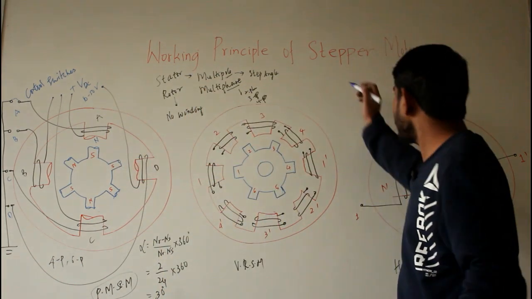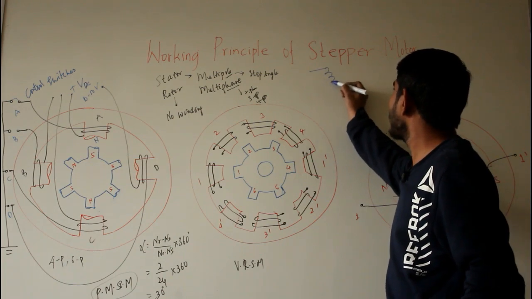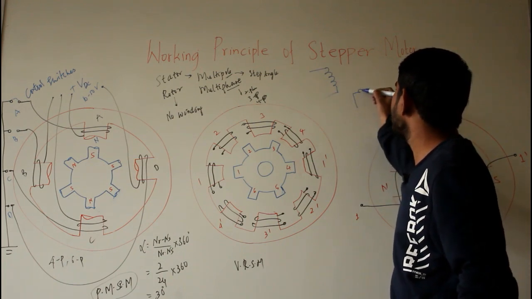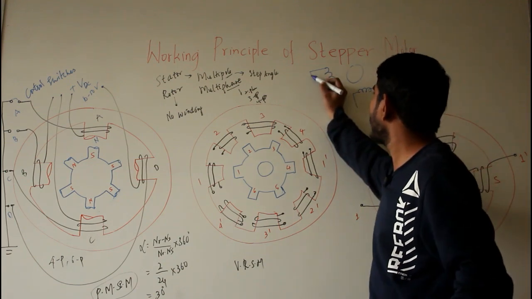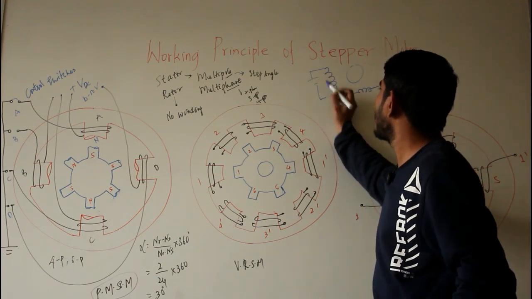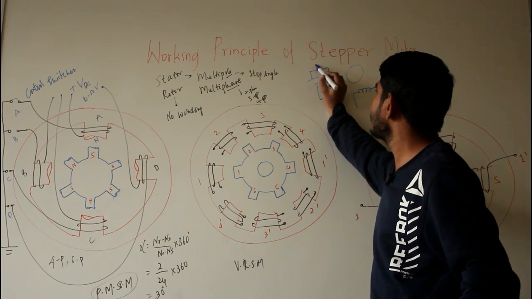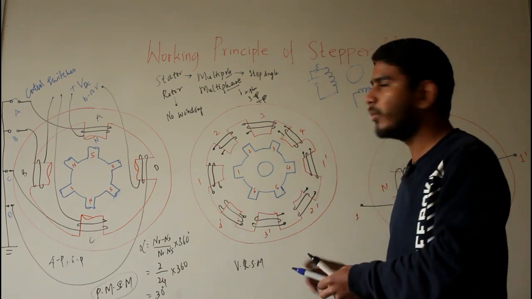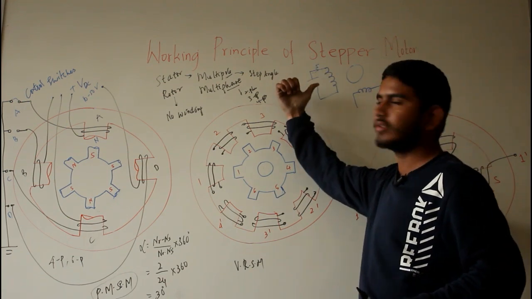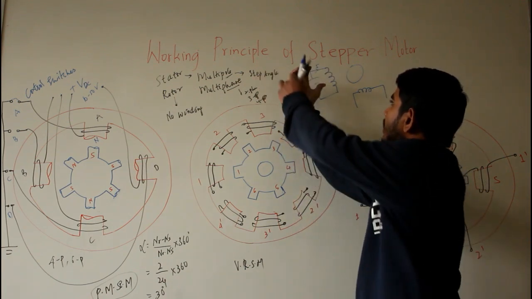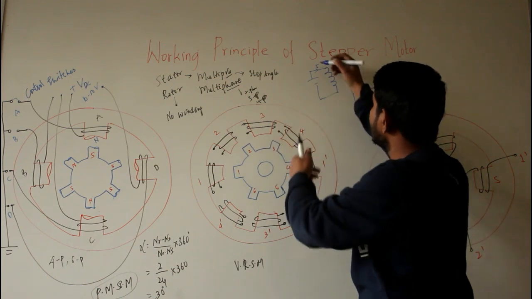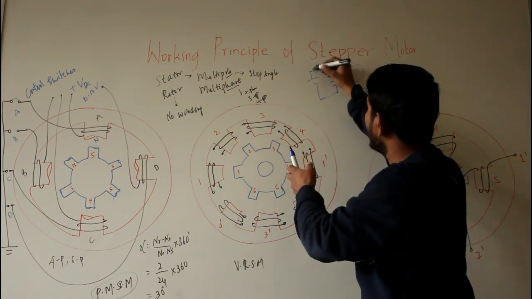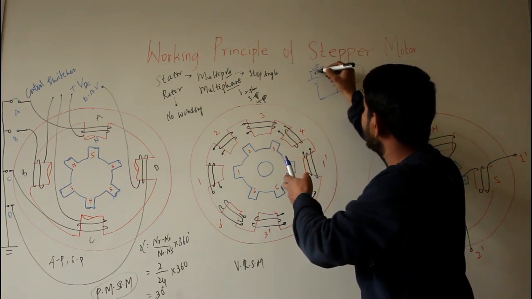If I explain clearly, let me say I have a winding here, and some other winding here, and here you have the rotor. You apply a DC voltage here, and the current starts flowing in this fashion. Now if you apply the thumb rule, the current is flowing in this way and you have a magnetic field coming out here and entering here. Similarly the magnetic field is coming out here and entering here.